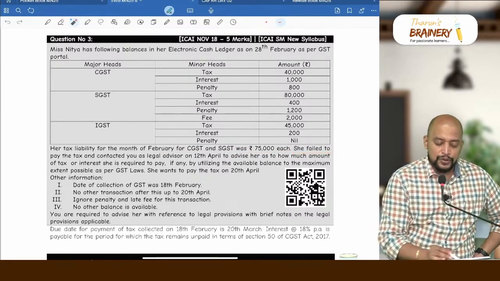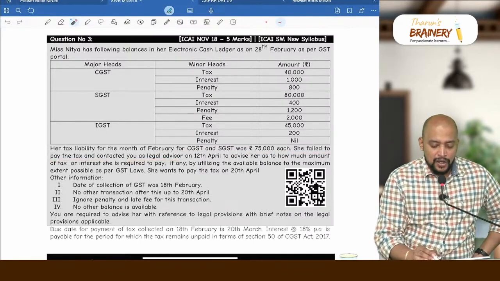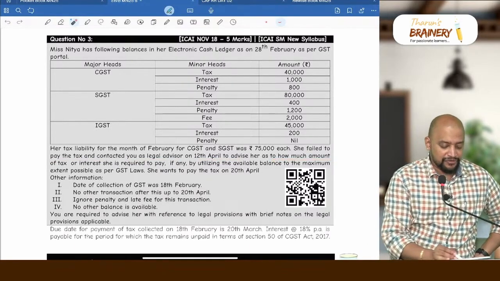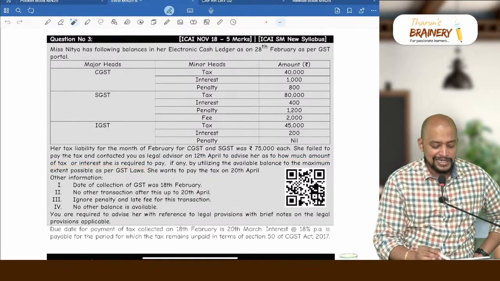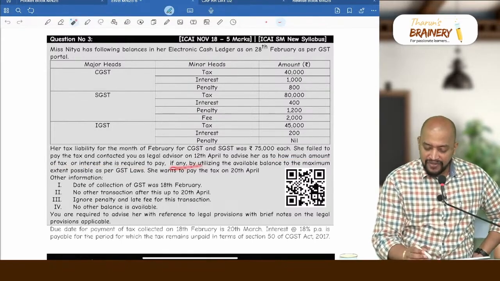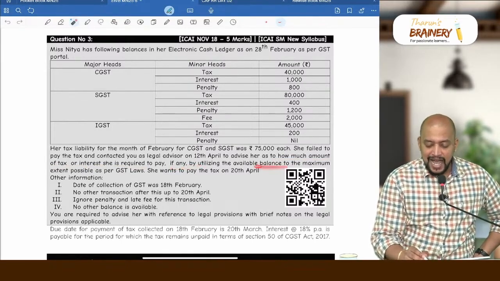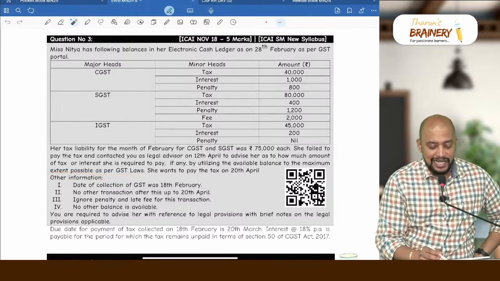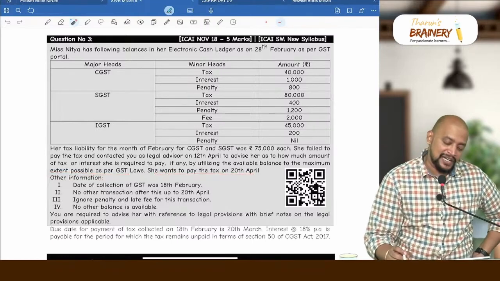She failed to pay the tax and contacted you as legal advisor on 12th April to advise her as to how much amount of tax or interest she is required to pay, if any, by utilizing the available balance to the maximum extent possible as per GST law. She wants to pay tax on 20th April.